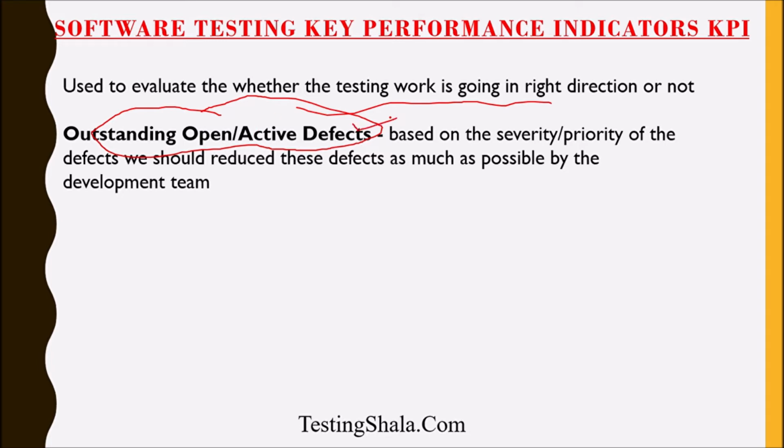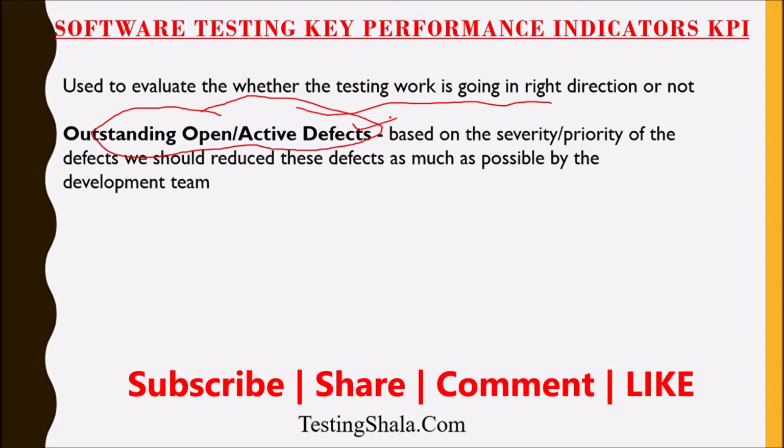Here again, we are not going to assess all the defects, so we will concentrate more on the severity or priority of a defect, such as extreme defects and major defects, which are also called Sev 1 and Sev 2 defects.